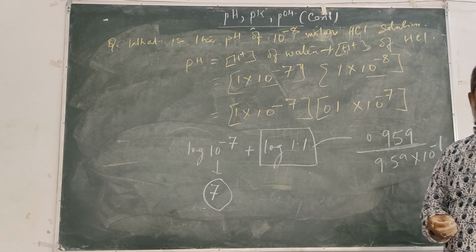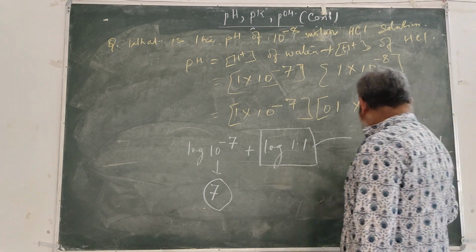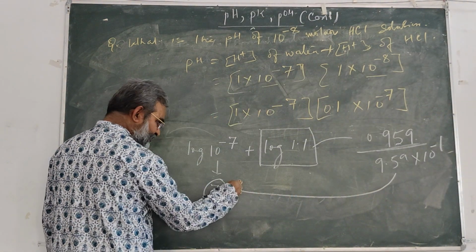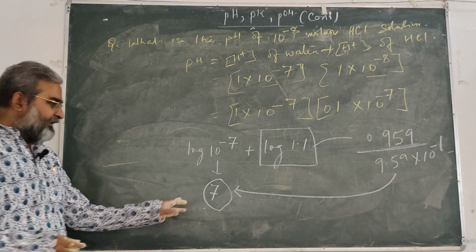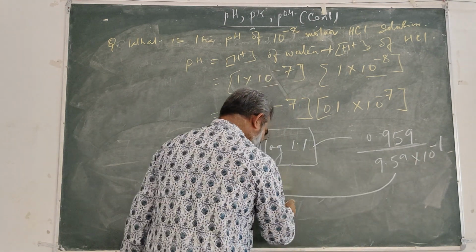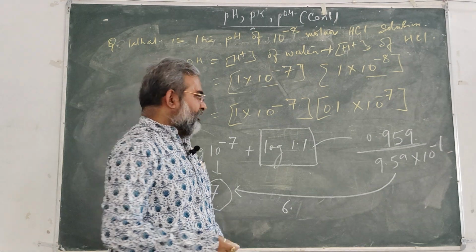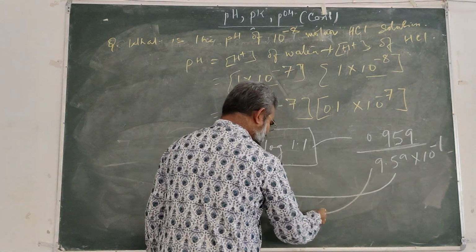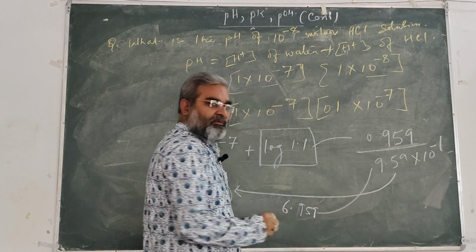Clear? This one, if neutralized here, ठीक है? That means 1 is reduced by this one. This one is the 6 point 959.